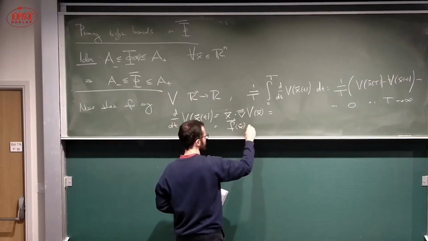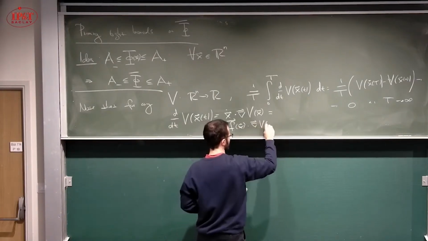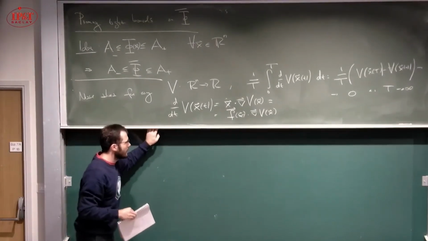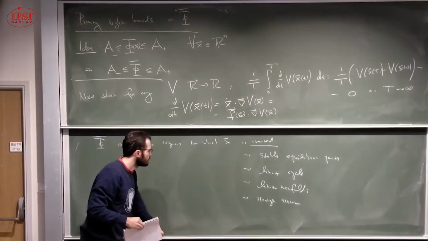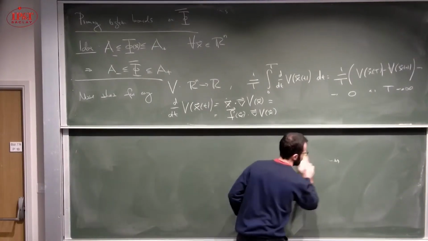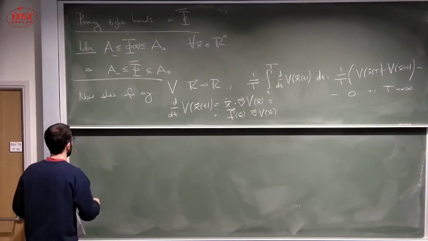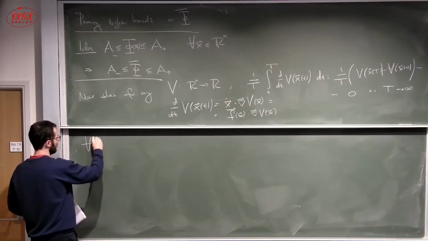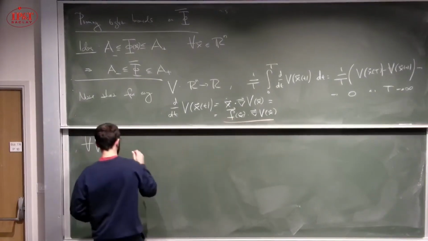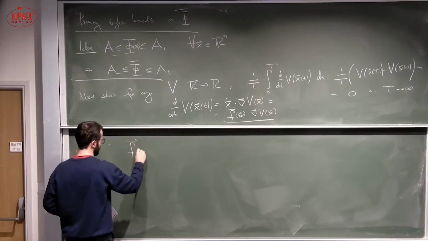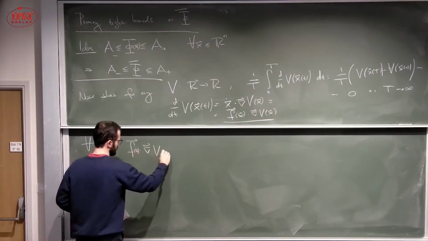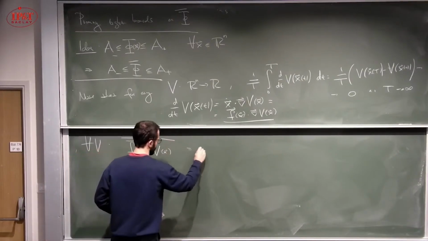So this is now a function of x, f dot nabla of v. Right. So what we have learned is that for any v which is differentiable, the long time average of this quantity is 0. So this is now some function of x. So this is 0.